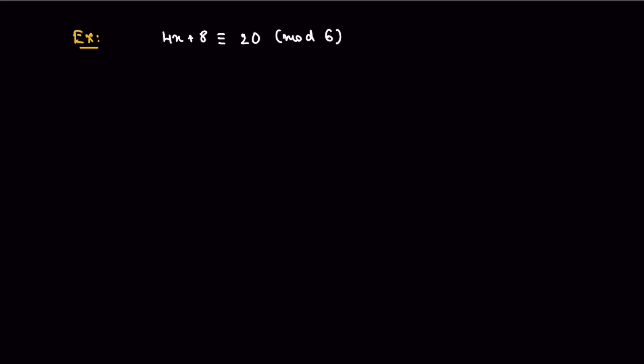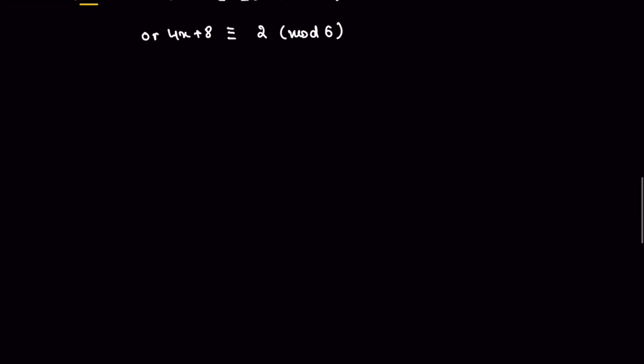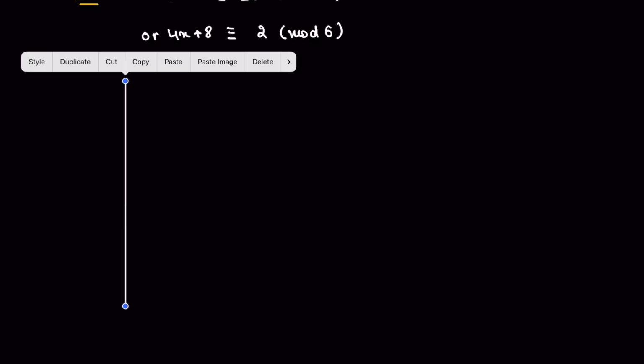So this is equivalent to 4x plus 8 congruent with 2 mod 6. And now at this point, you can form a table and do exactly what you did in the last few examples. But in this case, you have mod 6. That means the values of x you need to consider are 0, 1, 2, 3, 4, 5.